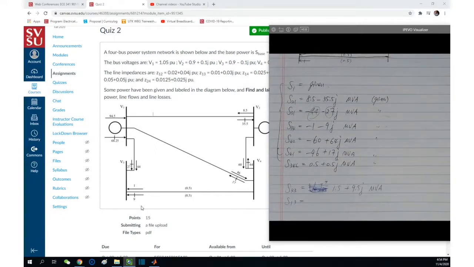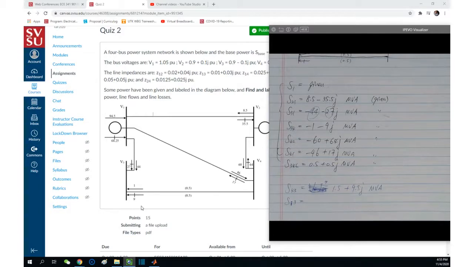Anyone? Oh, I'm sorry, it's not S13. Another one you can easily know is what? How about S3? Can you tell what S3 is and why?